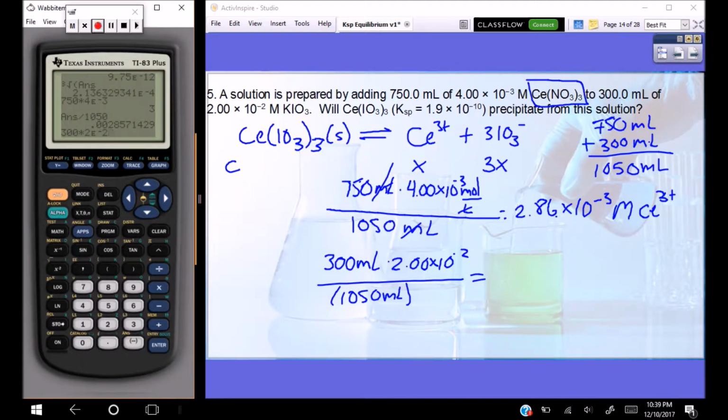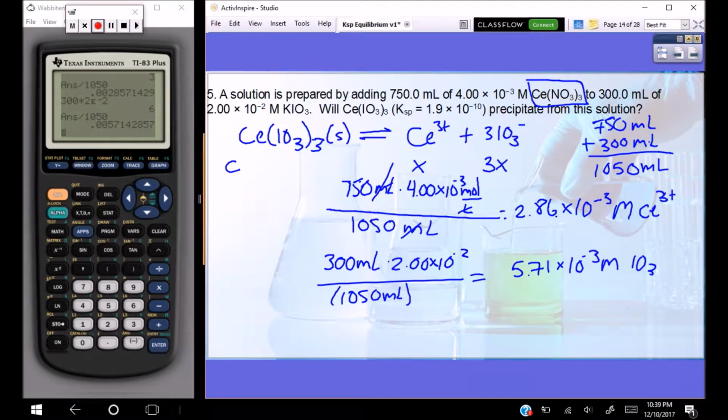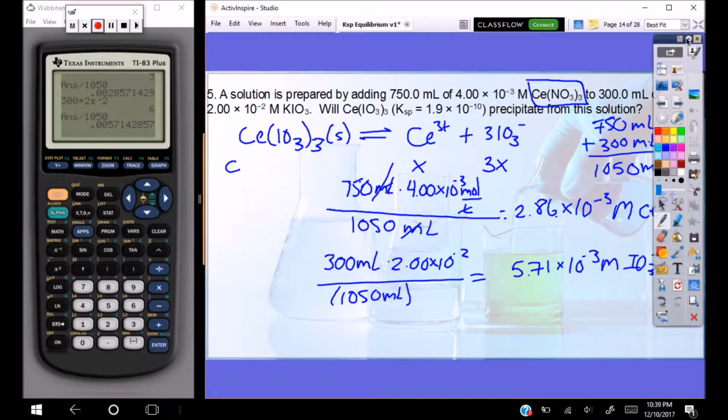To the negative second divided by 1050, and I get 5.71 times 10 to the negative third molar, and this is for iodate minus.